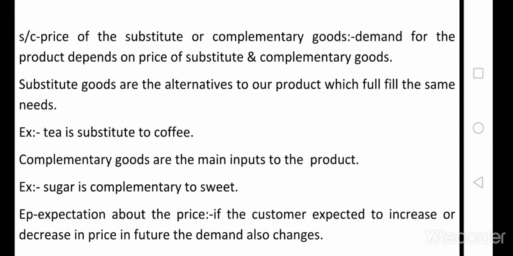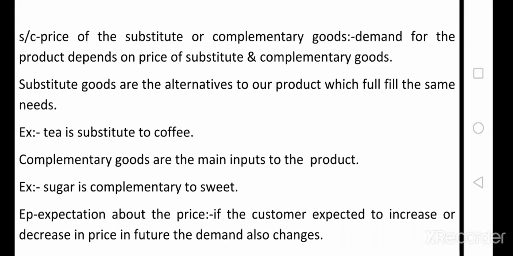So in these situations, if the substitute's price is very low, customers move to the substitute. If the price of the substitute increases, they are ready to purchase our product. So depending upon the substitute goods price, the demand for our product changes.